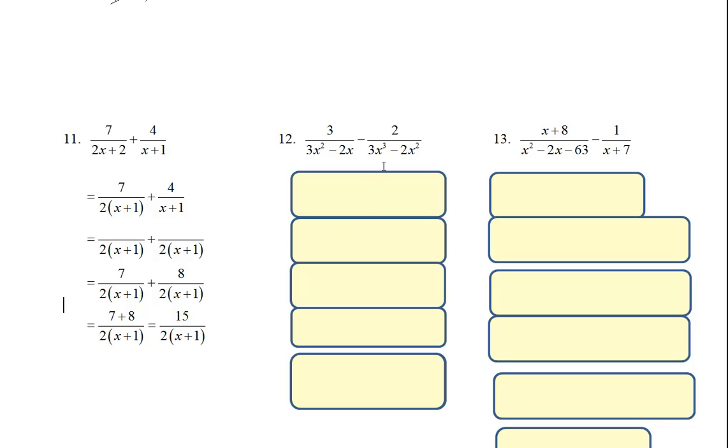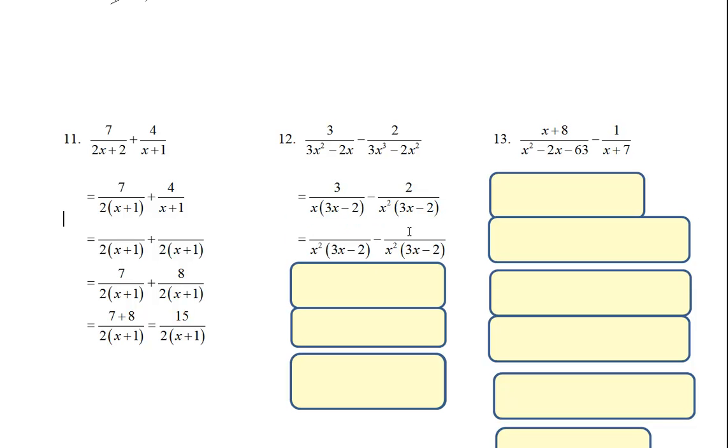Okay. This one, let's see. We can factor out an x here and an x squared on this one. So let's see if I did that. Common denominator, the 3x minus 2 has to be present, and also x squared, because I have to use the factor the most it's been used in any one denominator. So this is my common denominator.